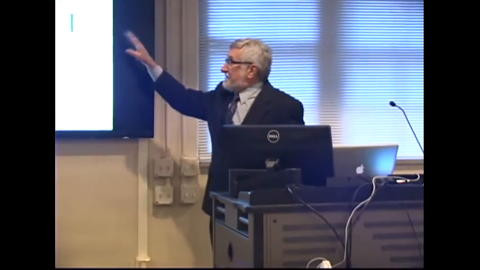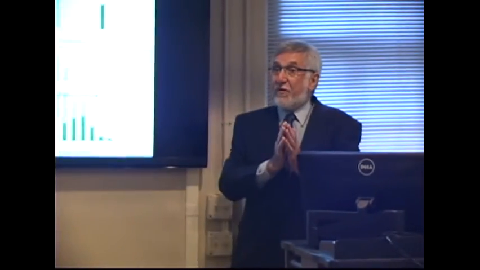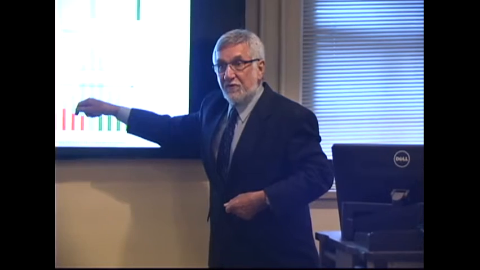If you take the same data, same people, and score them letter by letter, we end up with this distribution. We only get perfect agreement 20% of the time. Roughly 17% of the time, people are going to get 1 letter better, and about 17% of the time, people are going to get 1 letter worse.